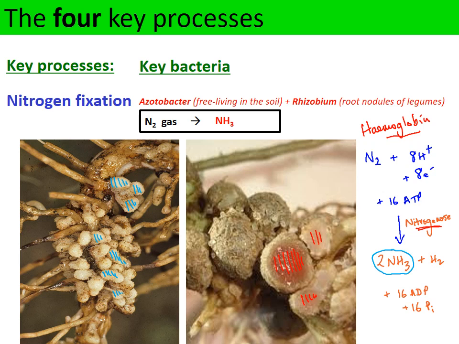And this carries away some of the oxygen, so it prevents the buildup of oxygen inside the rhizobia bacteria, and therefore it prevents too much inhibition of nitrogenase, and we continue to get nitrogen fixation. So it's one mechanism as part of the symbiotic relationship between rhizobia and the legume plant itself to allow the rhizobia to fix nitrogen optimally. And it's the hemoglobin that gives the red colour, as it would do to mammalian blood as well.